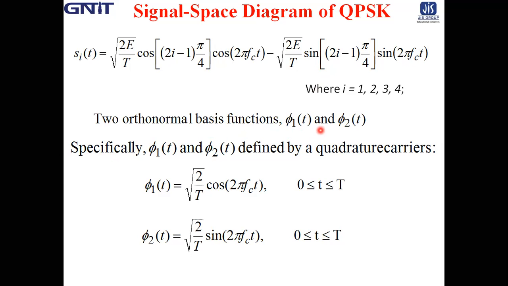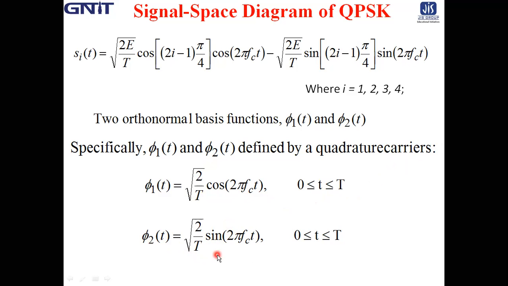Specifically, phi 1(t) and phi 2(t) are defined by a pair of quadrature carriers, where phi 1(t) equals square root of 2 by T cos(2 pi fc t), where t belongs to 0 to T, and phi 2(t) equals square root of 2 by T sin(2 pi fc t).